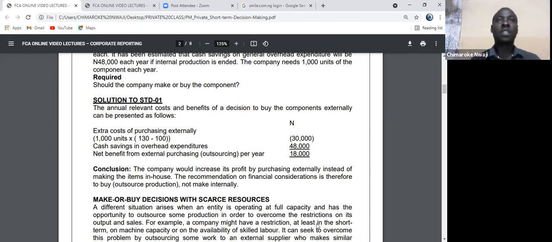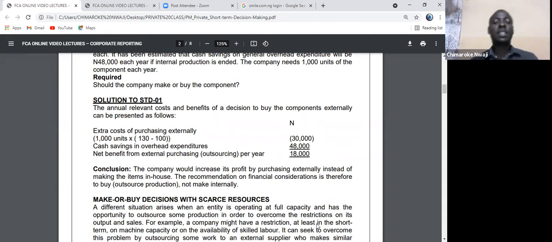When you have looked at financial consideration and you say, oh, it's not viable, you may not want to talk about the non-financial consideration. But when you look at the financial consideration and you see that it's worth doing, you hold on and ask, what about non-financial consideration? That is when you have put them into perspective.